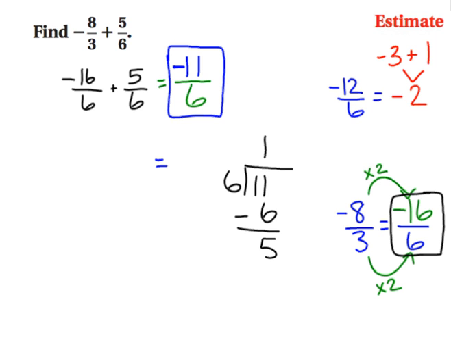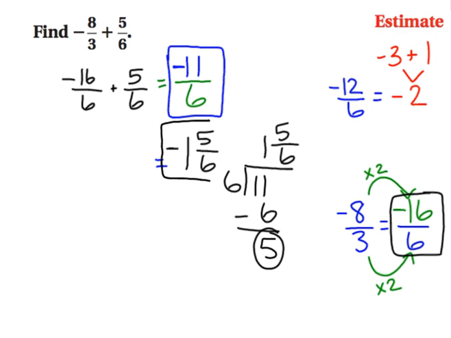So this leftover, what you might refer to as a remainder, I can say that there are 5 out of 6 left over. So converting 11/6 into a mixed number would become 1 5/6. And then since it was negative, I'm going to make sure I include that negative in front. So my final answer, when I add those two together, I'm going to have -1 5/6 written as a mixed number.